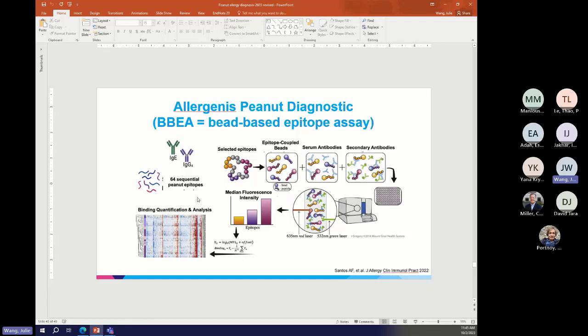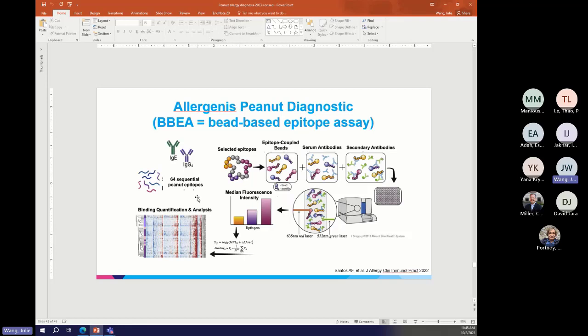So now what's commercially available is a bead-based epitope assay, which is a high-throughput multiplex assay that can measure IgE and IgG4 to over 90 sequential epitopes using microliter quantities of serum or plasma.